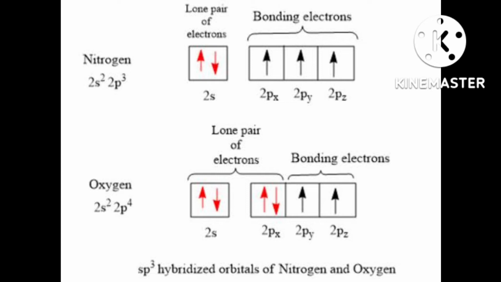But sp orbital will be there. Each sp orbital has 50% s character and 50% p character. That is very, very important, and the question is asked. Because only two are there, s and p, total is 100%, so 50% s character and 50% p character.